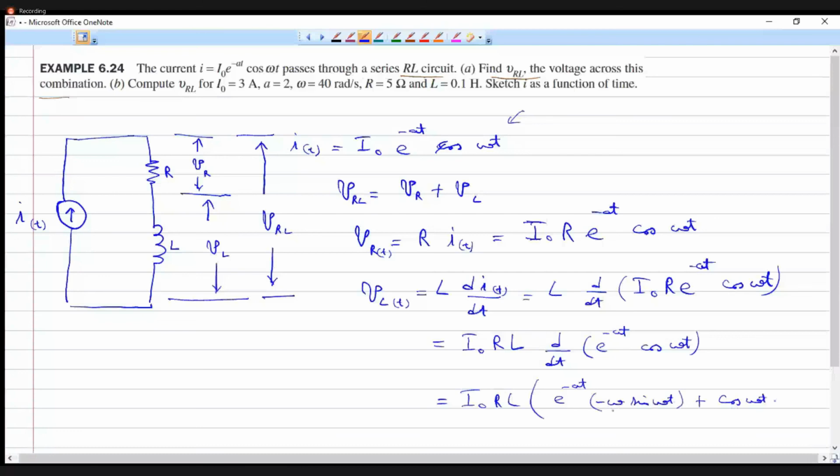Cos omega t into derivative of e power minus at, so that will be minus a e power minus at.